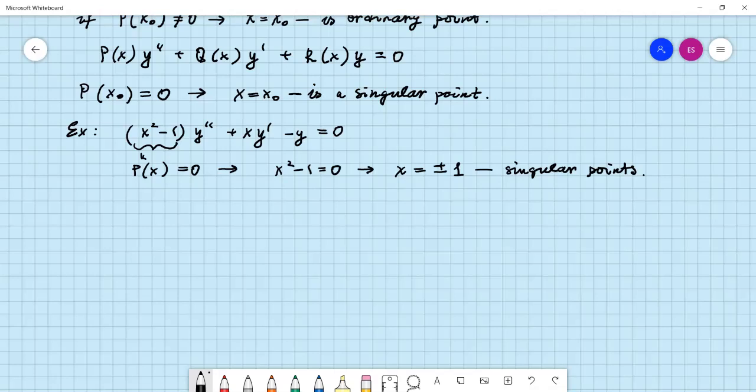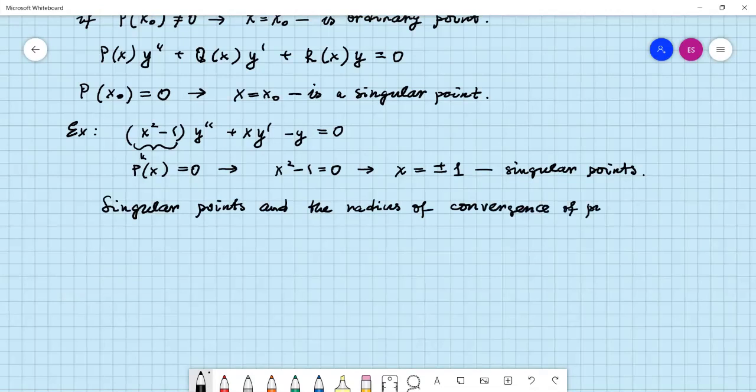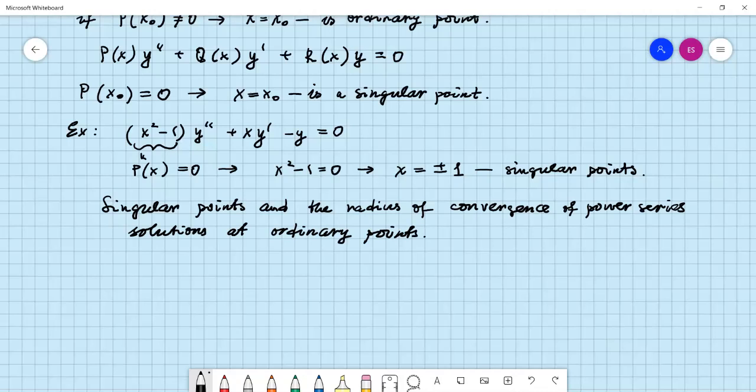We are going to use singular points to find the radius of convergence of power series solutions at ordinary points. Yeah, guys, now we are going to have a very nice theorem.